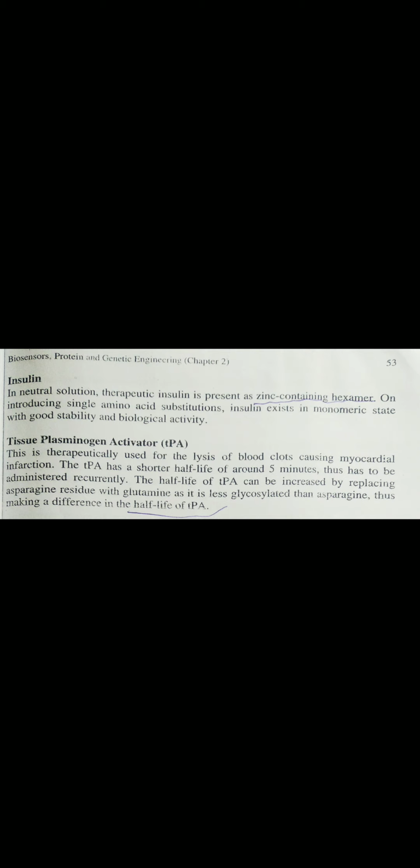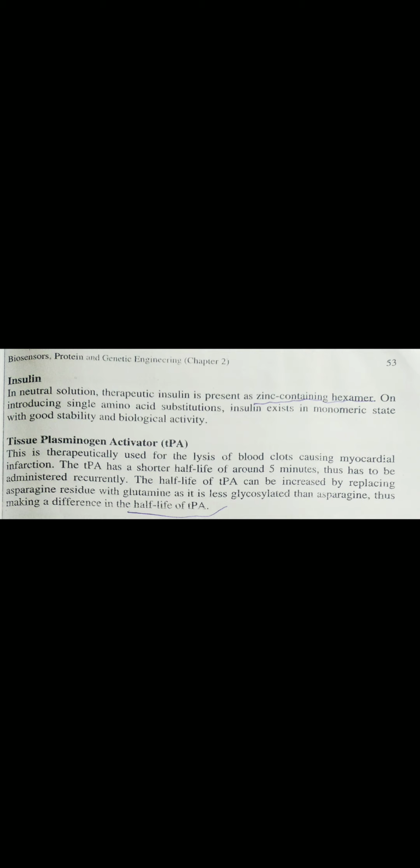Next example is TPA, tissue plasminogen activator. This is therapeutically used for the lysis of the blood clots causing myocardial infarction. So in myocardial infarction it is used as a therapeutic agent.